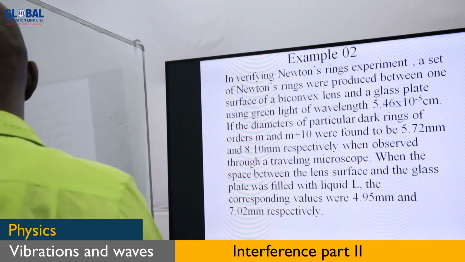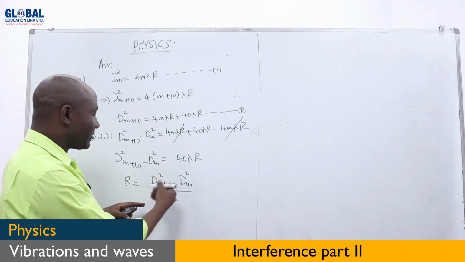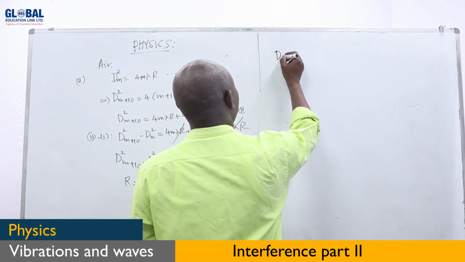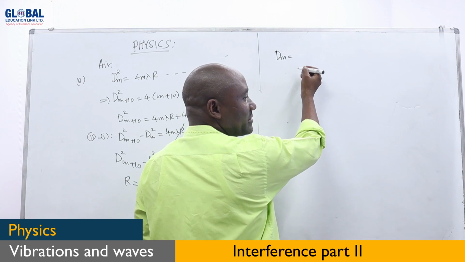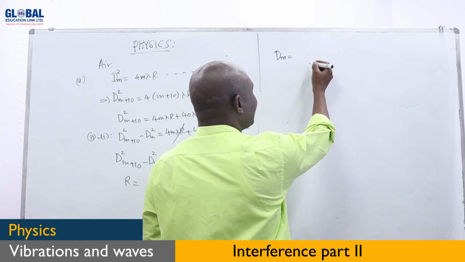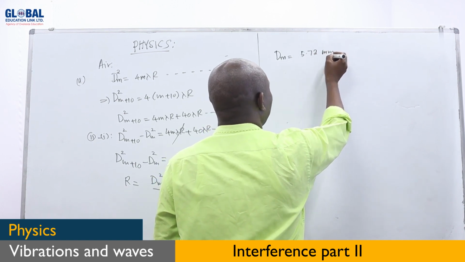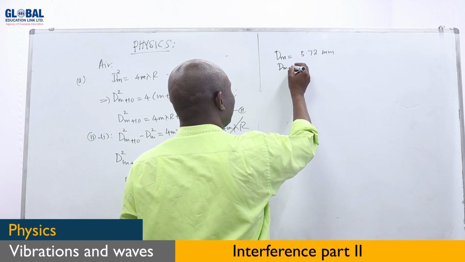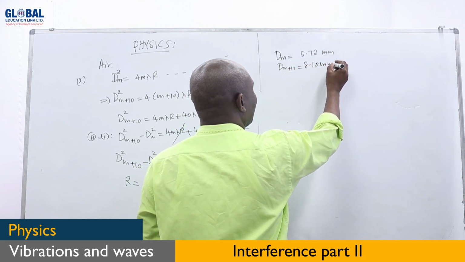The wavelength is given. You're supposed to find the diameter corresponding to m and m plus 10. The diameter corresponding to order m was given as 5.72 millimeter, and for order m plus 10, it was given as 8.1 millimeter.